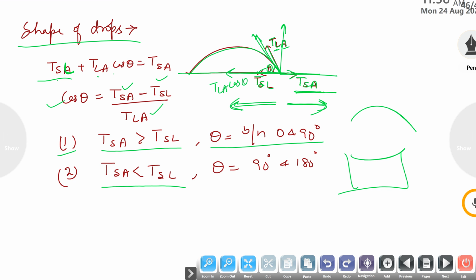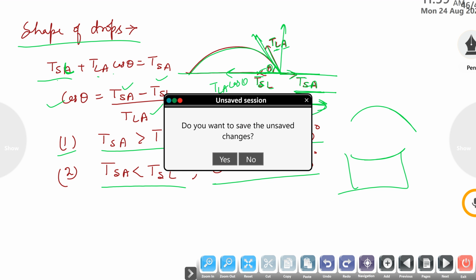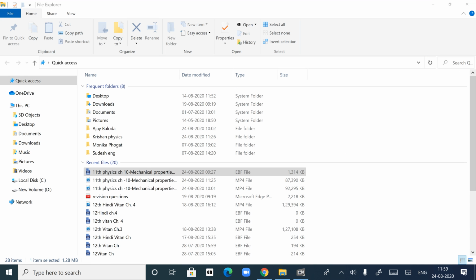And if TSA is less than TSL, then theta will be more than 90 degrees up to 180 degrees, and these are those liquids which do not wet the surfaces. So, from this simple calculation you can differentiate between the types of liquid. So, this is all about your chapter 10 in your plus one.